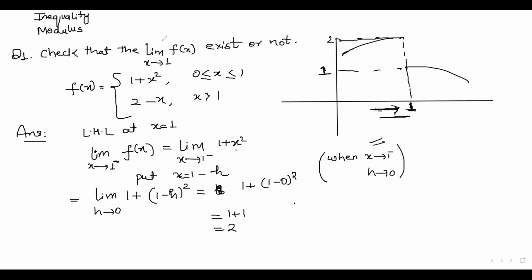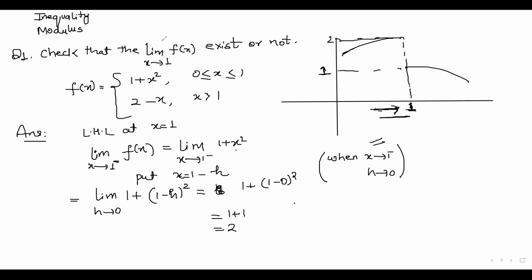Has anyone completed the second question? Yes, sir. Limit does not exist. Okay, let me check. I don't think the answer is correct. Nabil, will you please check the answer again? Anyone else completed the second one? You have to find the limit, right?